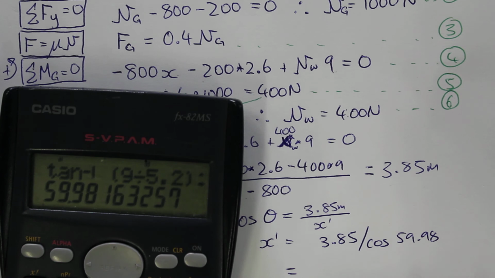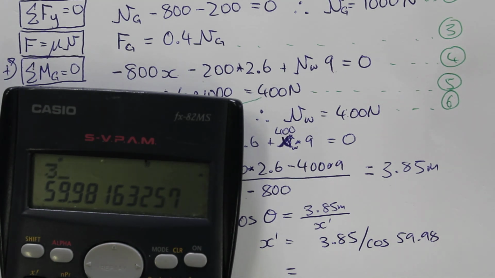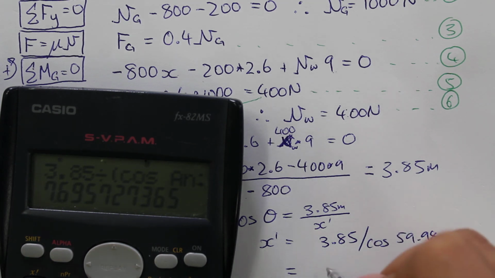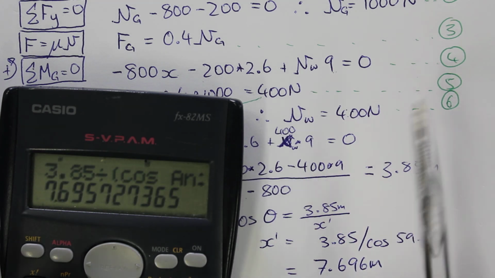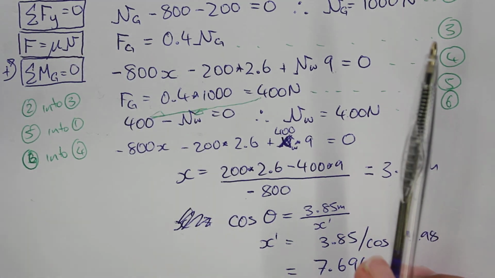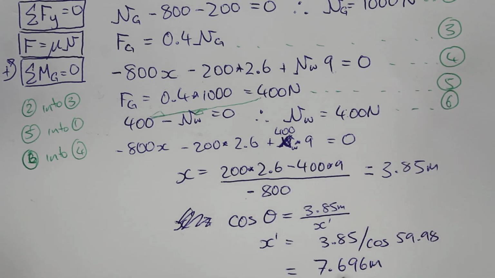So 3.85 divided by cosine of that answer we had previously, and we get 7.696 meters. So if the person climbing this ladder goes any further than 7.69 meters up the ladder, it will begin to slide.